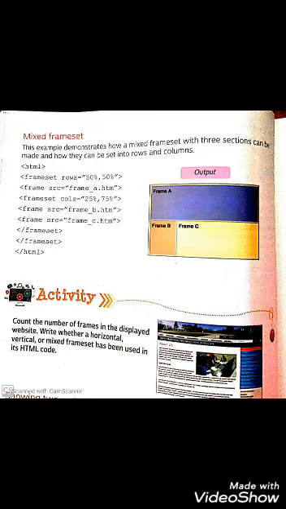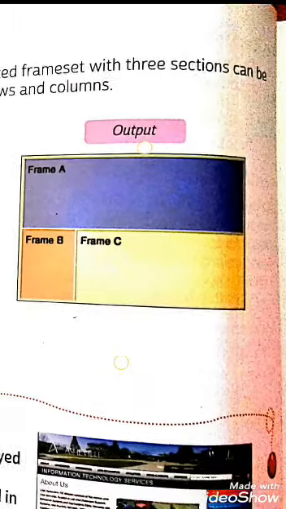Okay, so now come to mixed. We have learned about vertical and horizontal. Now both the things should be in one frameset, that is known as your mixed. See here, frame A is horizontal, that is row, and frames B and C are vertical, that is column.